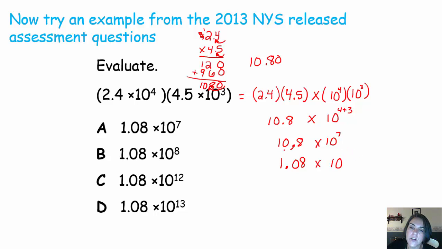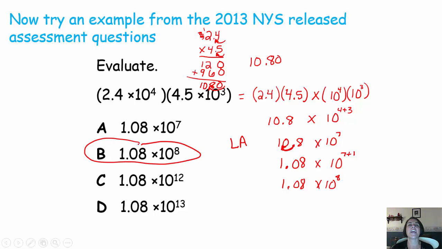Again, I just look here, I say, okay, how am I moving my decimal point? I'm going to the left, left add, I moved it 1 place, so I'm just going to add 1 on. So it's 1.08 times 10 to the 8th power. It's actually letter B. Hopefully you worked that out.